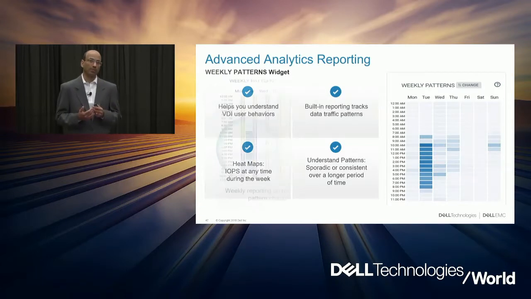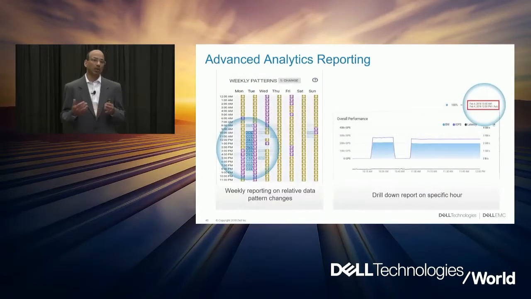So what do I mean by that? If you take a look here, we maintain the average weekly patterns for 8 or more weeks, and you can see the percentage difference for the current week.